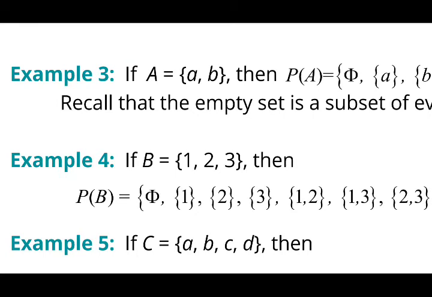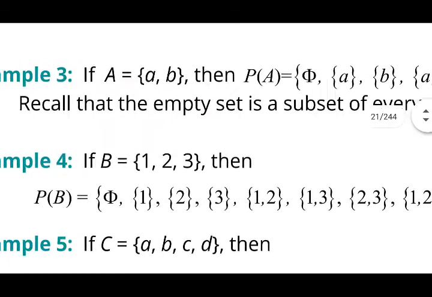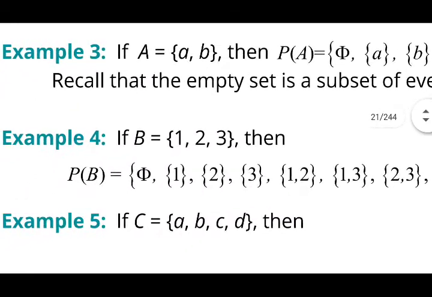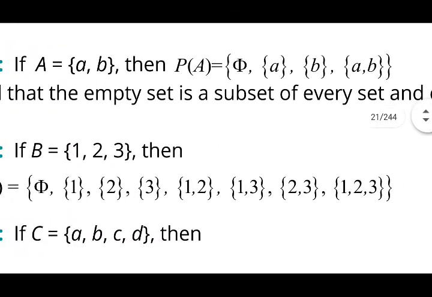A set A contains two elements, A and B. Then the power set of A: we start from the empty set, then singleton sets A and B, and then the double element set, which is the last set because it contains only two elements. These are its power set, and it contains four elements. The empty set, A and B are proper, and the last set AB is equal to A, therefore it is an improper subset.